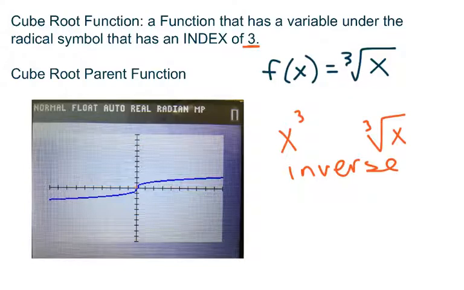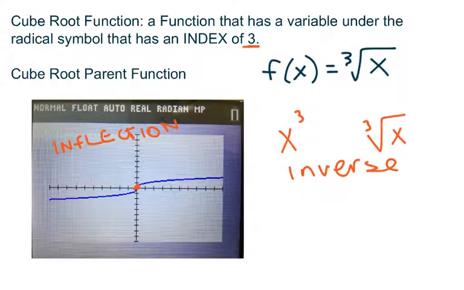Now, also, we have an inflection point on a cube root function. Again, we do not have a vertex. Though this is making a change right here, it is not actually changing directions. We're still increasing. But this point right there is the point that we'll use like we do the vertex on a parabola.